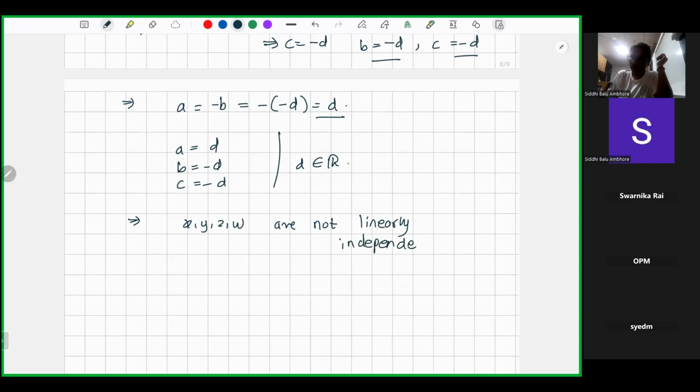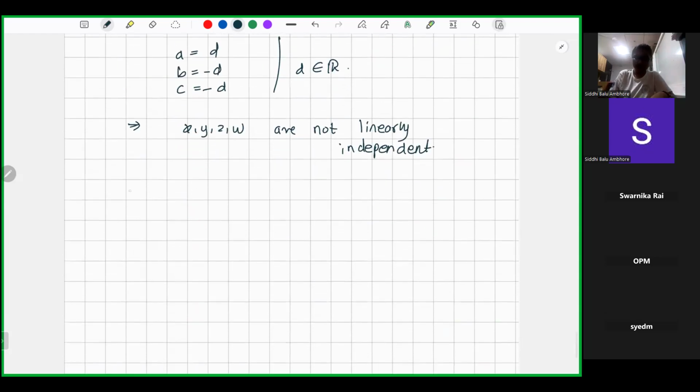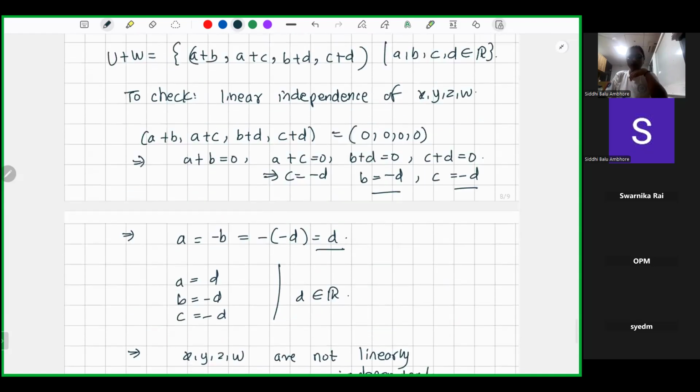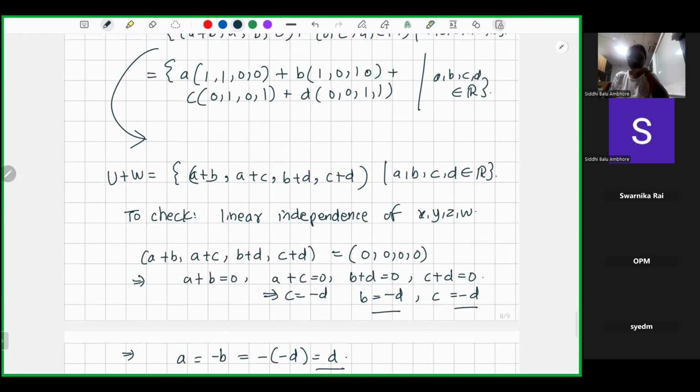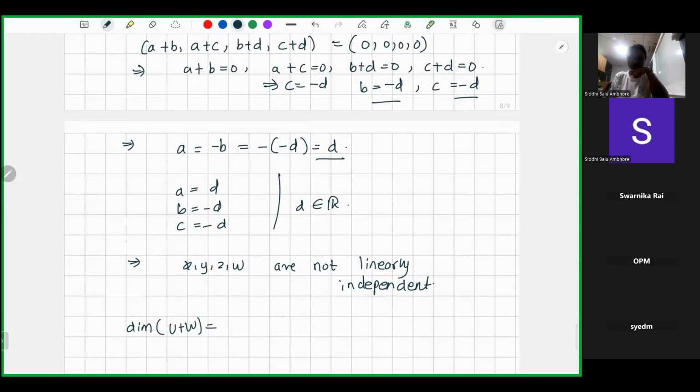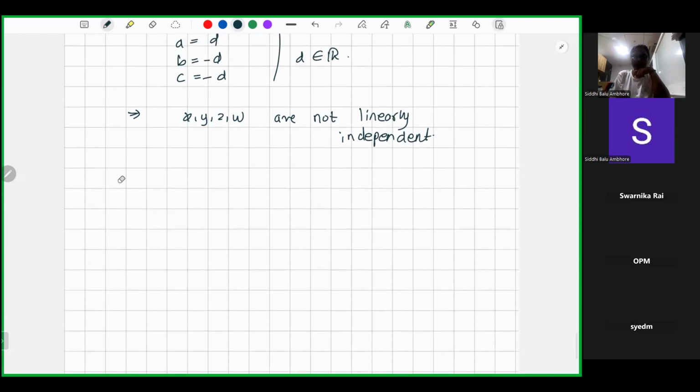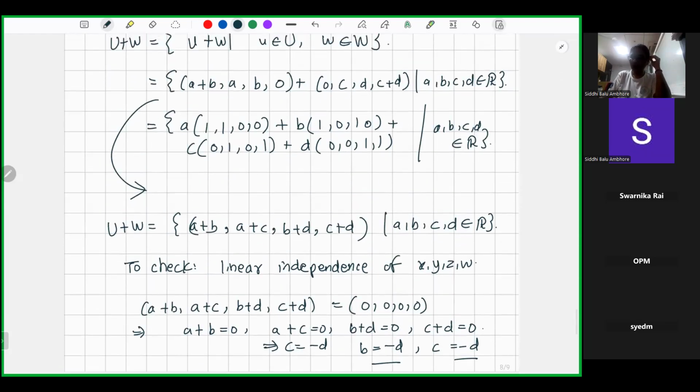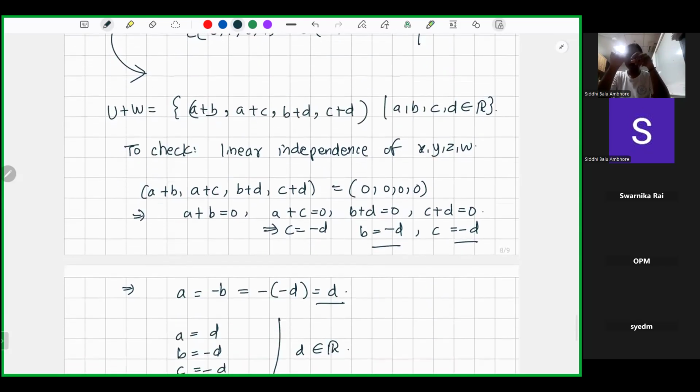So we have to still find the dimension of U plus W. So definitely not 4, yes, definitely not 4. But we still need to find what exactly it is, right? Yes, ma'am.